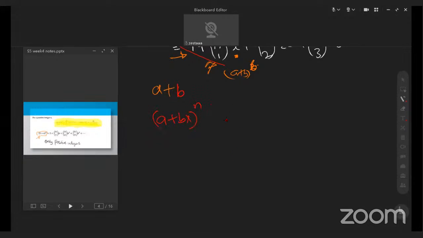Now, for example, if you have like maybe 2 minus x to the power of 4. When you have this question in this format here, what are we supposed to do? We are supposed to put it in the format of 1 plus x to the power of n. Okay, that's the format we need to put our results into.